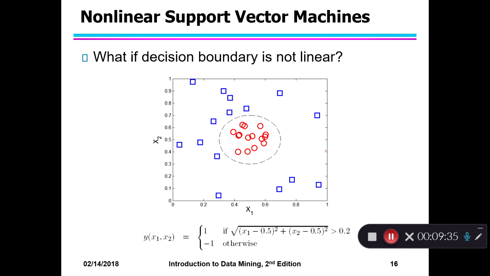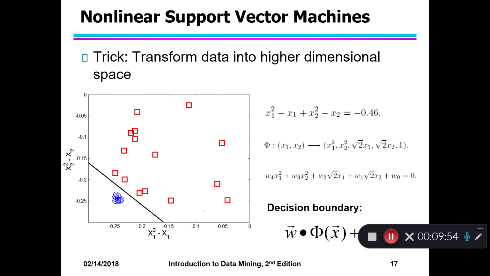When the decision boundary is not linear, suppose here we can't draw a linear hyperplane between these two to classify these two data sets. In these cases we have quadratic hyperplane equations or other similar hyperplane equations. Similarly, we can see here as well, we have a higher dimensional space.